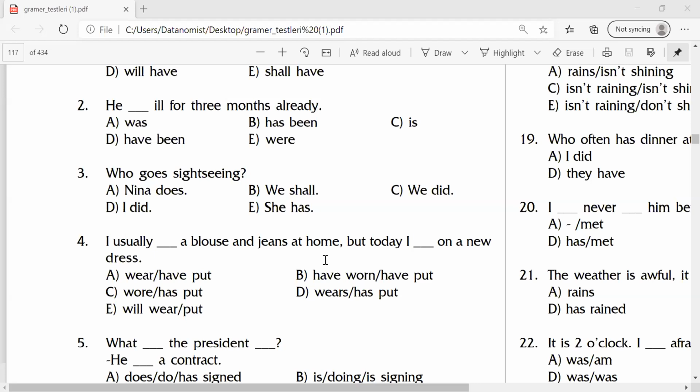Sometimes two separate sentences put together may share similar time or sometimes they have a separate timing. So in this, two sentences have two separate timings. Now look at this. Usually is a time indicator for this blank and today is a time indicator for this one. So give me your answer.